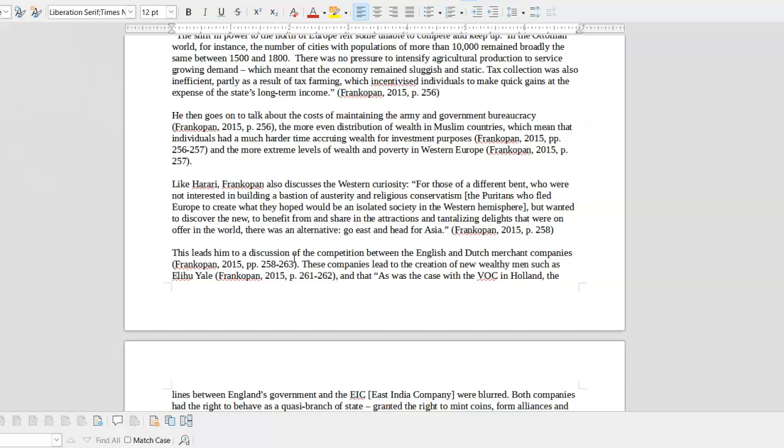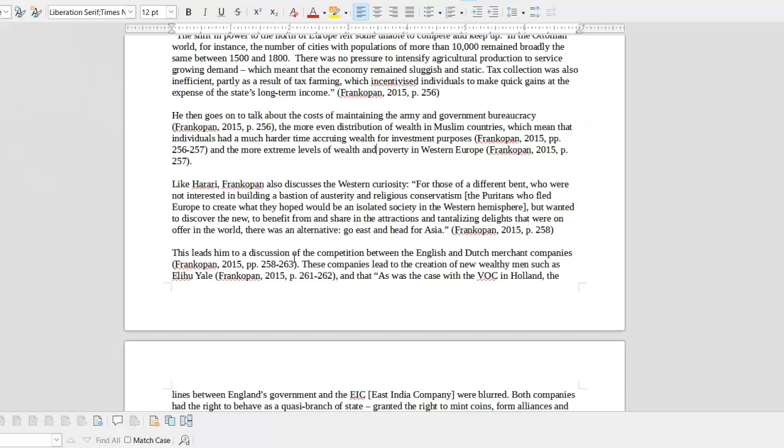Inversely, people who were actually really curious and were looking to benefit themselves did things like join or go to work for the East India Company, EIC, or even the VOC, the Dutch company that was also investing in Asia.